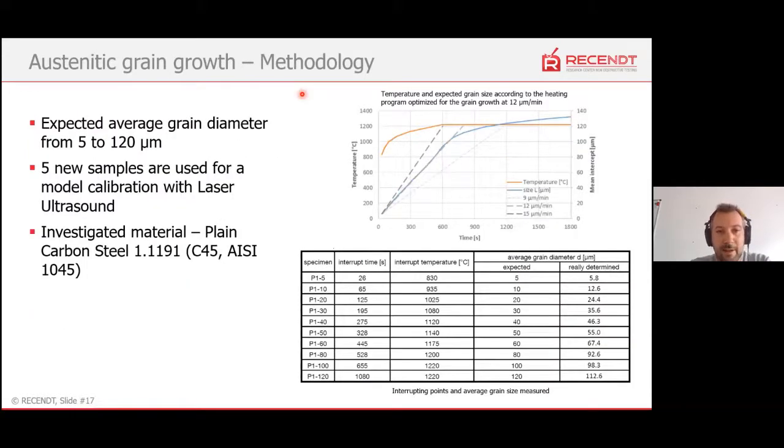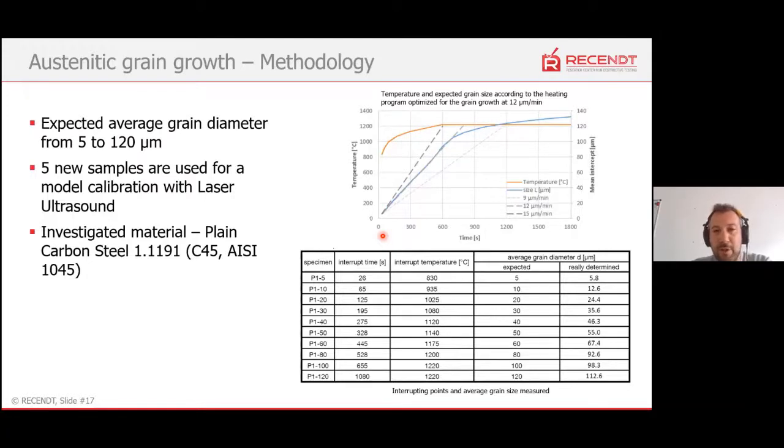We had an external partner which provided us some samples from the plain carbon steel and also offers us a temperature program where we get an expected average grain diameter from 5 to 120 micrometers. There are 10 samples which are heat treated in the dilatometer and then are cooled down at different interrupt times and interrupt temperatures.